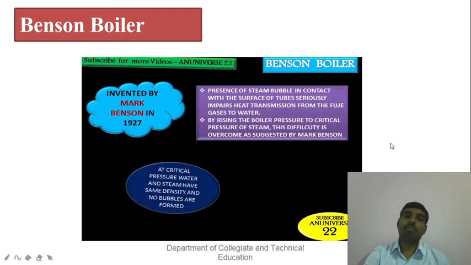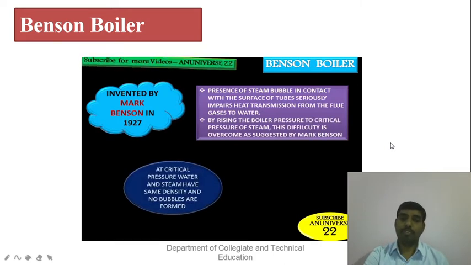At the critical pressure, water and steam have the same density, and no bubbles are formed.